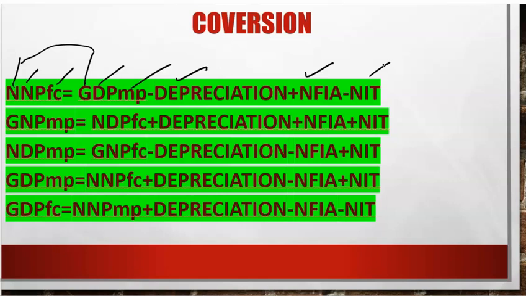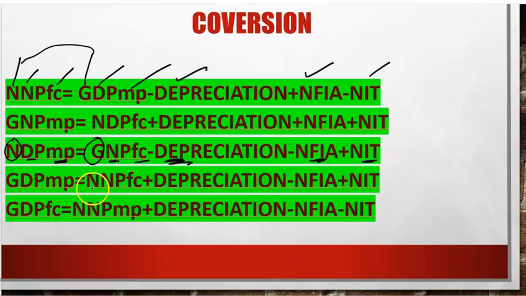Similarly, coming to the third question, we have to move from gross to net, that is big to small. We will minus depreciation. National is big, domestic is small, we will minus NFIA, but FC is small, MP is big, we will plus NIT.